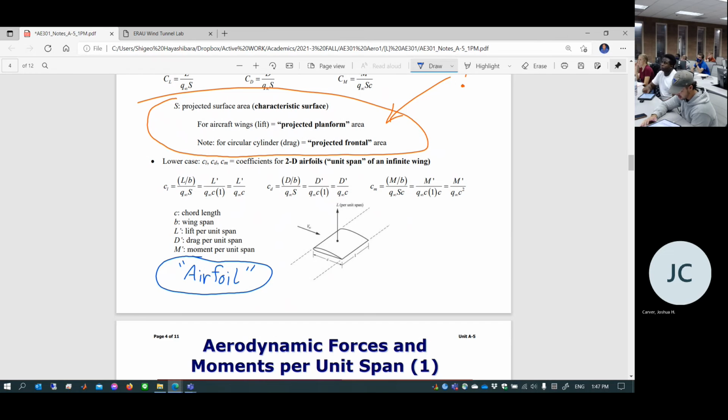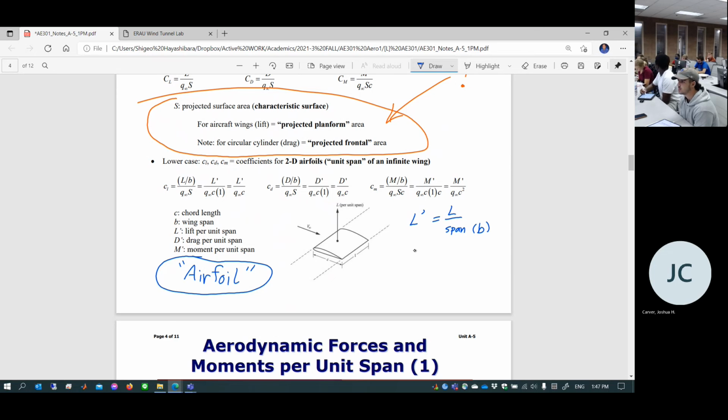We are going to use this notation: L prime. This is lift divided by span of a wing. Span is b, the wingtip to wingtip distance, the wingspan. So lift divided by wingspan is a lift per unit span. What's the unit?